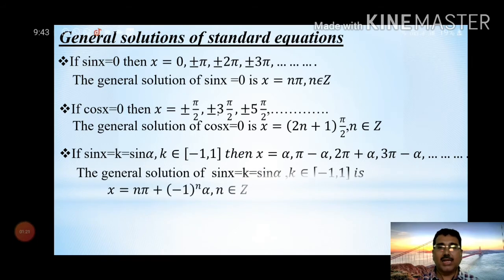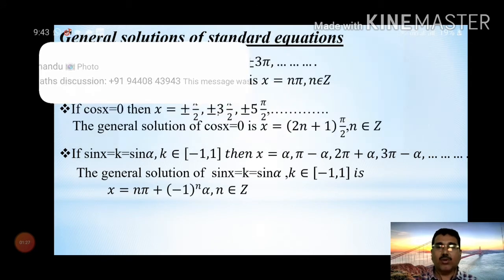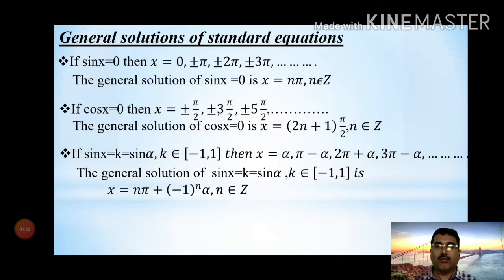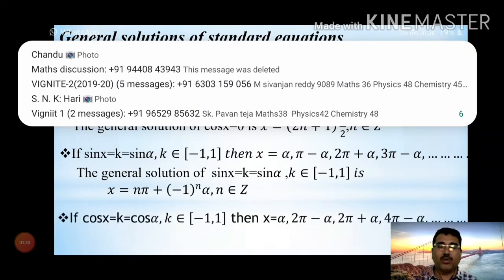Therefore, the general solution is x equal to n pi plus minus 1 whole power n alpha, where n belongs to Z. Now go to another equation.